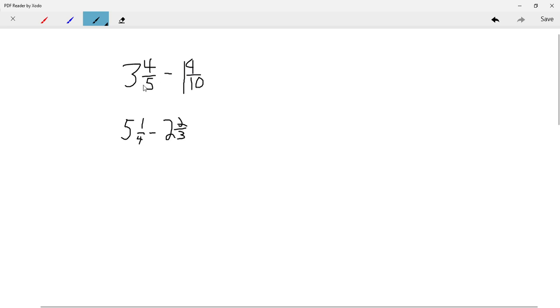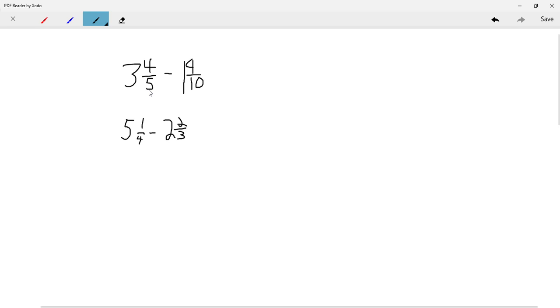So the first thing we can do is, you know what? It's almost certainly easier to find the common denominator before you turn them into improper fractions.